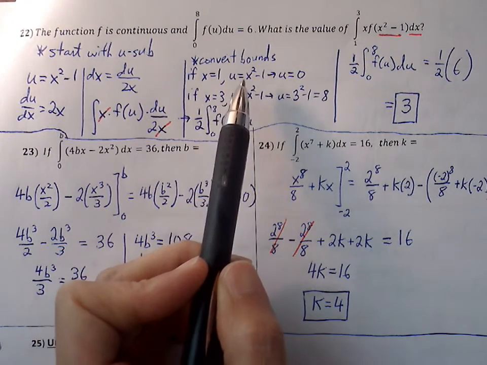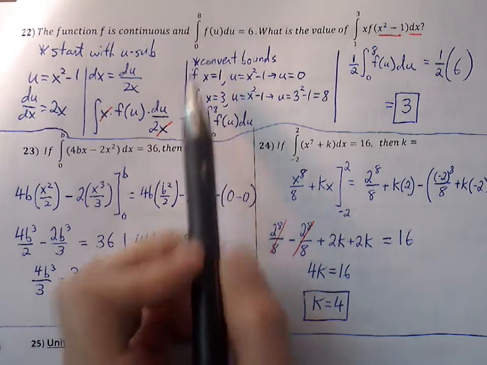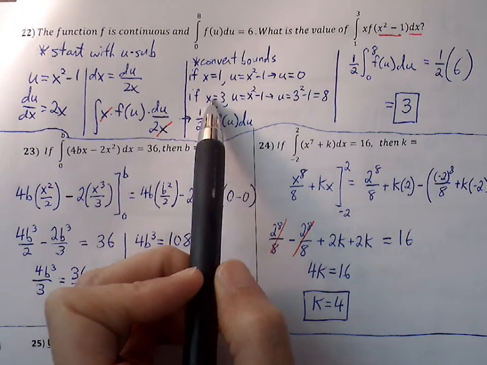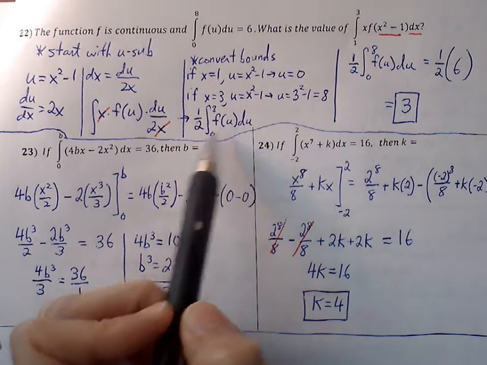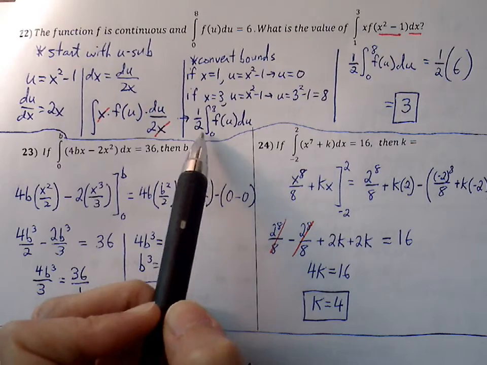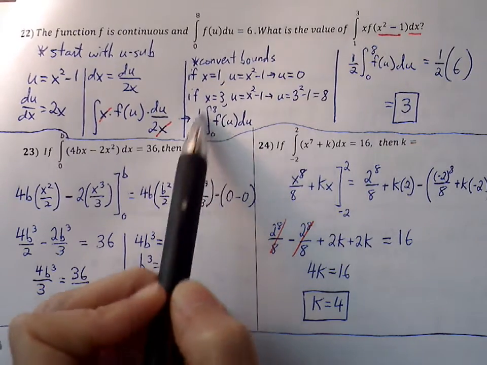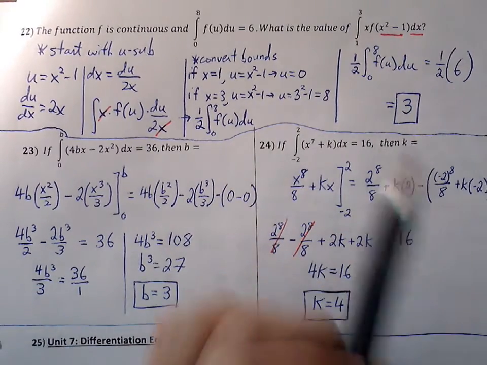So we plug 1 in for x, we get 1 squared minus 1, which is 0, so my new lower bound is 0. Plug 3 into the x value, we get 3 squared minus 1, 9 minus 1 is 8. My new upper bound is 8. So now the integral from 0 to 8 of f of u du is going to be 6 with the 1/2 in front, so 1/2 times 6 equals 3.